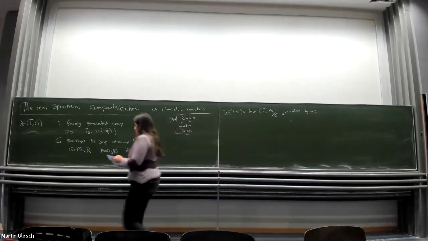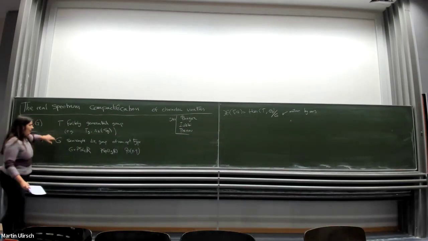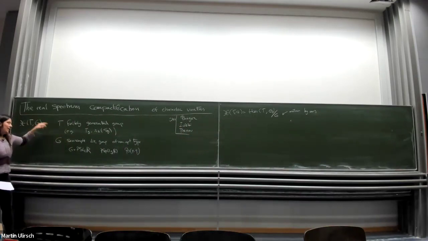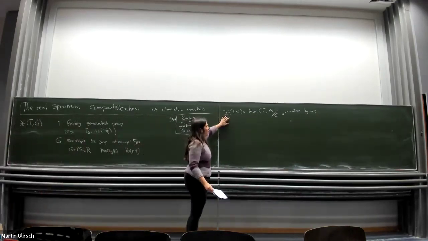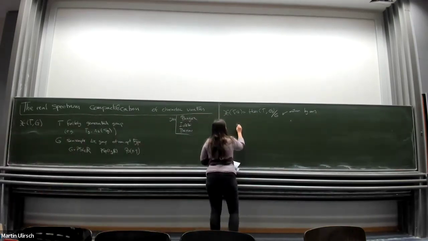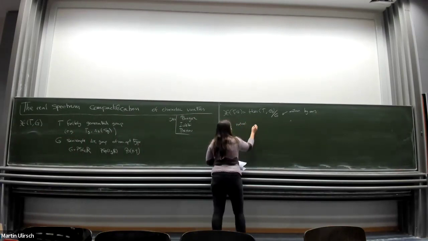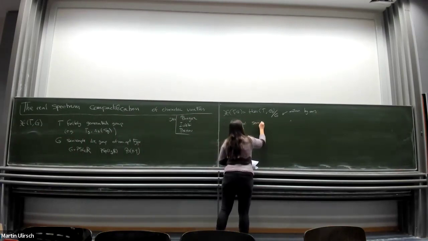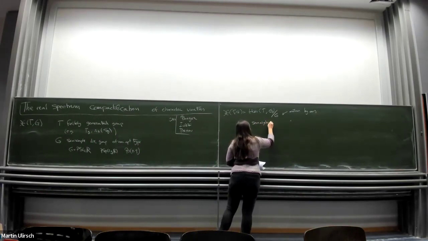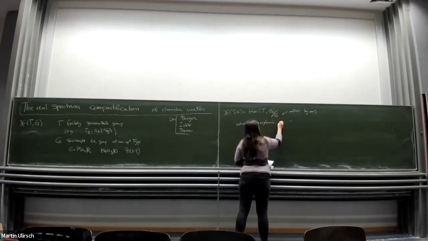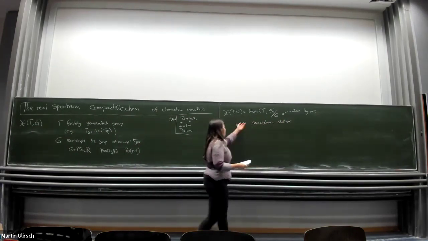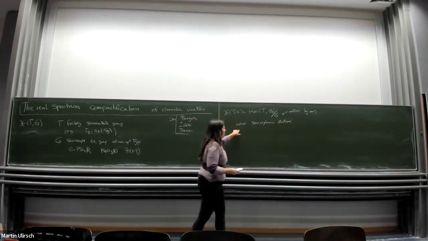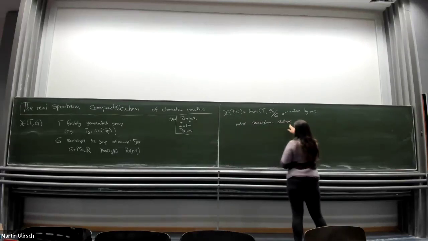So observe that semi-simple groups are semi-algebraic, real semi-algebraic, and in particular, this object here has a natural semi-algebraic structure. It means that it can be defined by polynomial equalities and inequalities in some affine space.